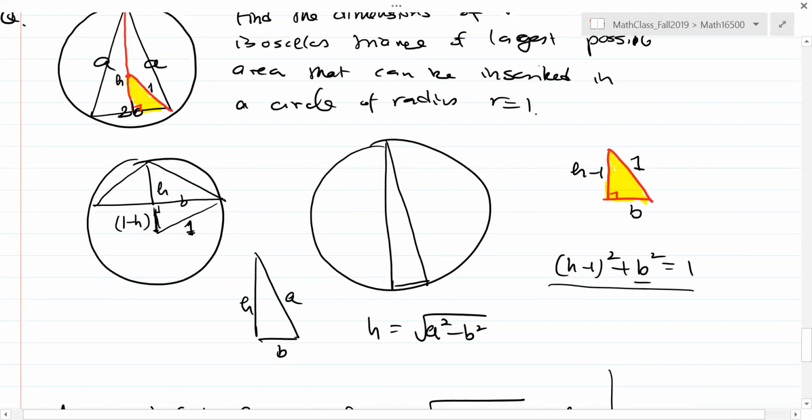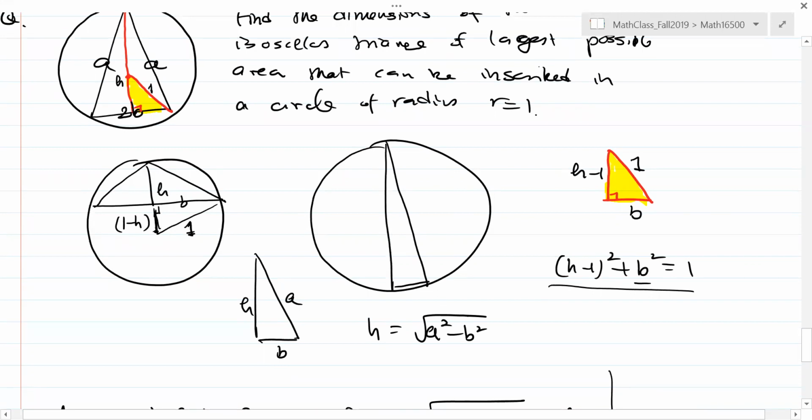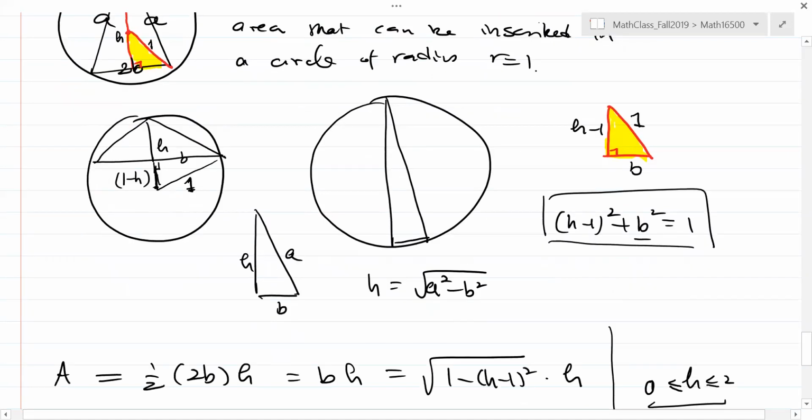Look at h as a parameter, okay? So the two pictures here. One is the second picture here. b minus h is this side, okay? Because the radius is 1, 1 minus h is going to be the edge length of this side. So 1 minus h squared plus b squared equals 1 squared. You still have the same identity, okay?